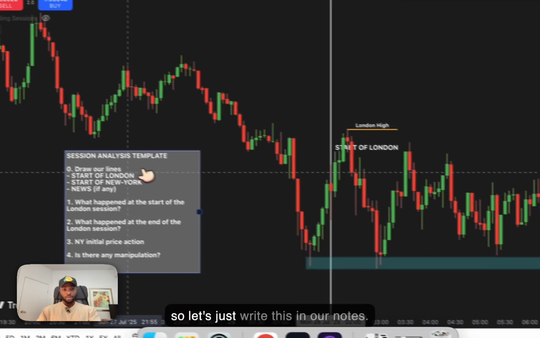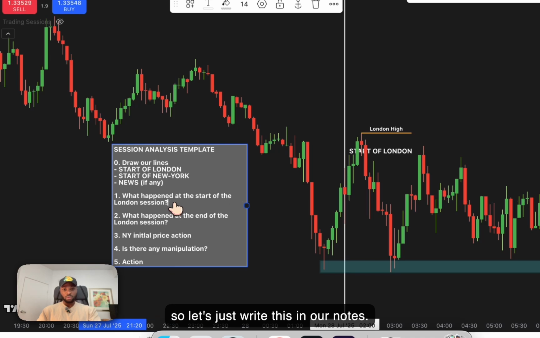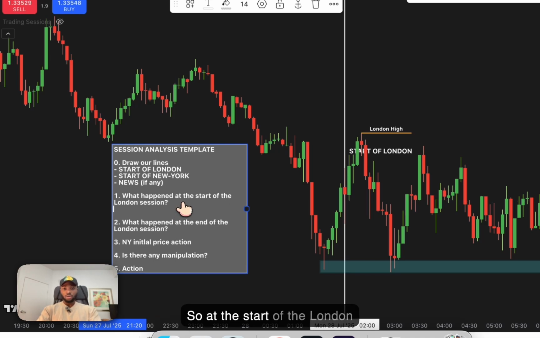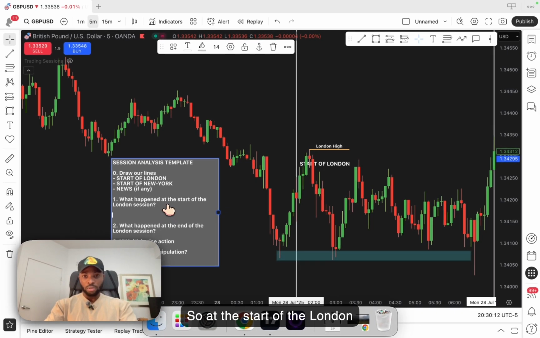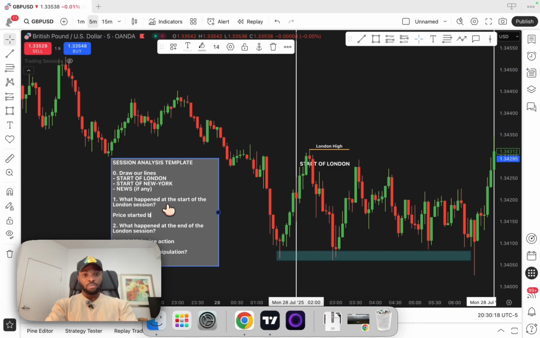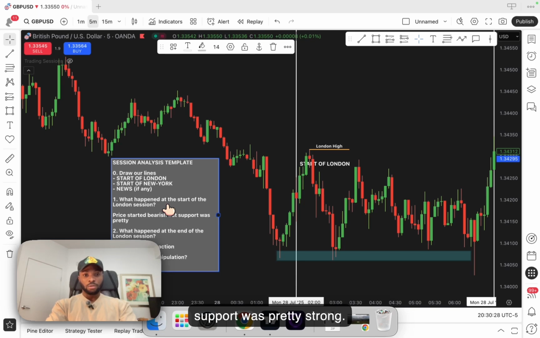So let's just write this in our notes. At the start of the London session, price started bearish, but support was pretty strong.